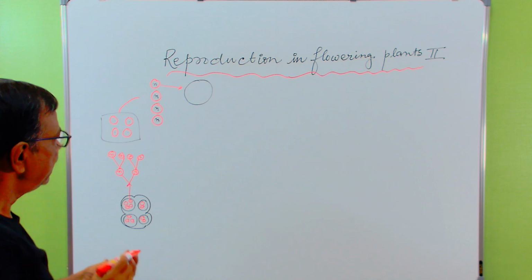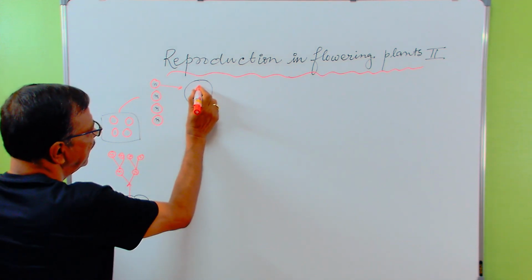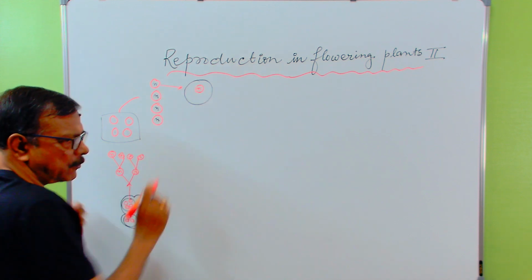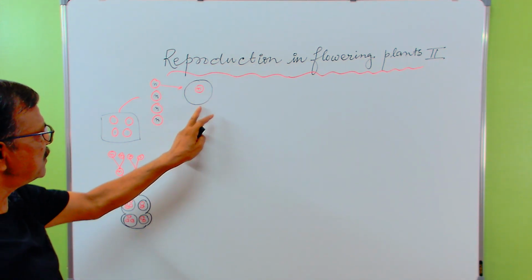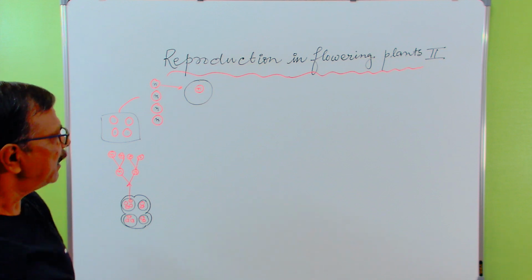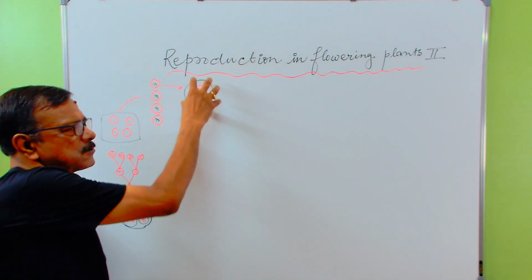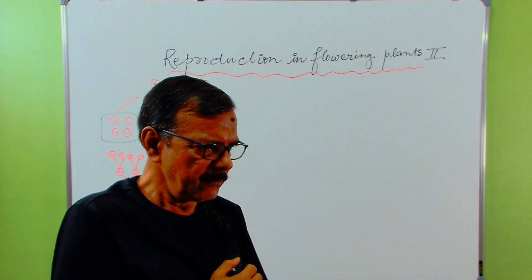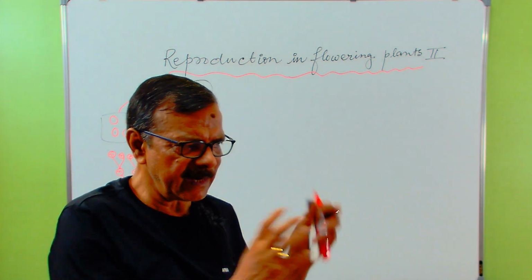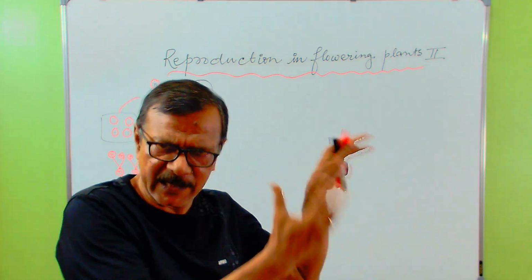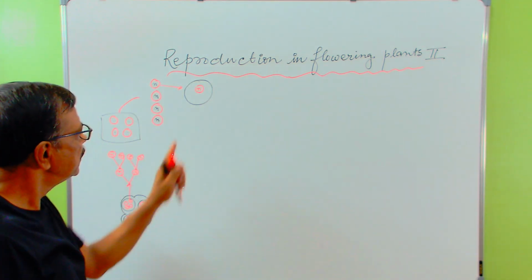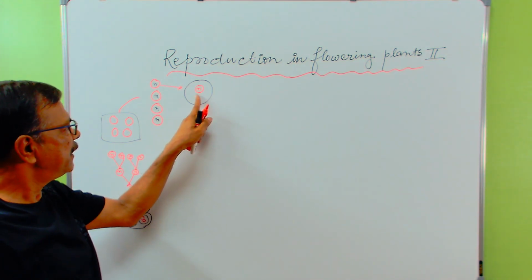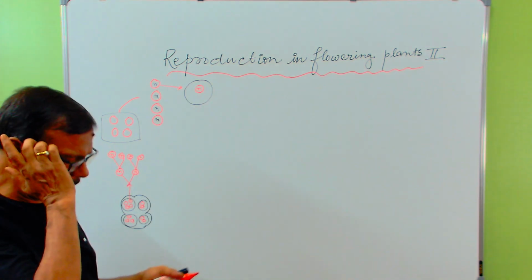Initially, it had a single nucleus with chromosomes and others. Now we will go through the structure of the pollen grain, and we said that there will be 2 cells there, that will come in. So this is a single nucleus with a cell.